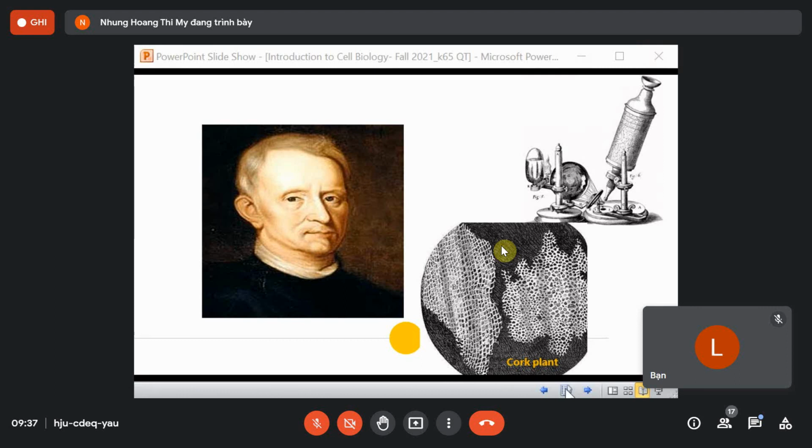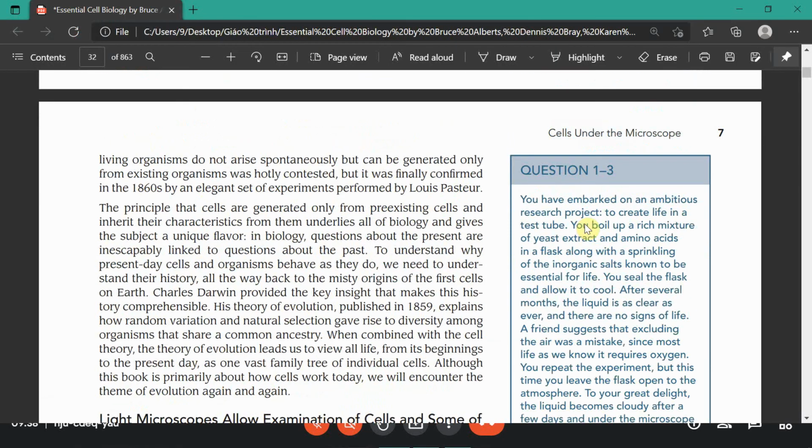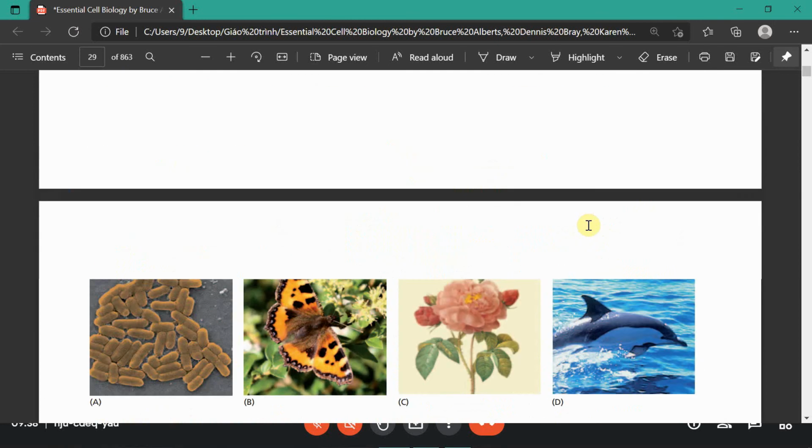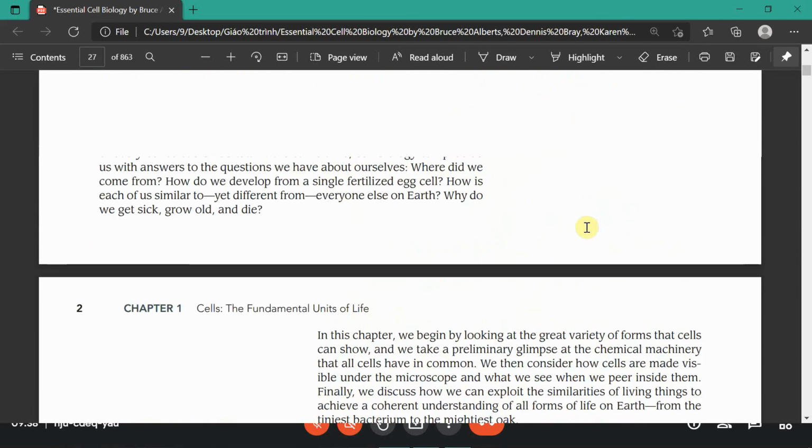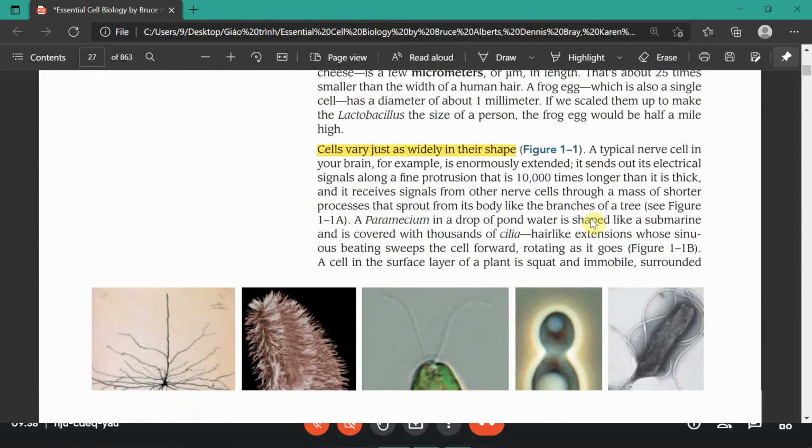So where is the cell in this picture? I think the cells are those that look like rectangles aligned with each other right there. Oh, yes, you're correct.